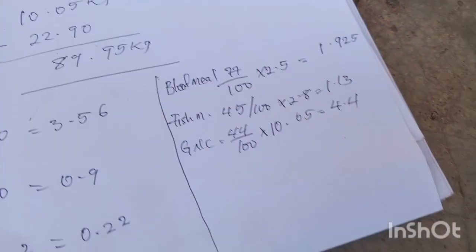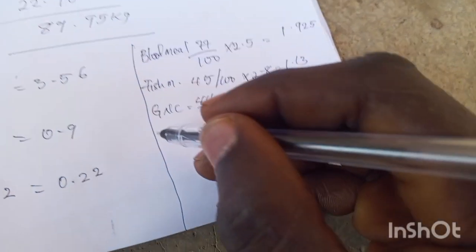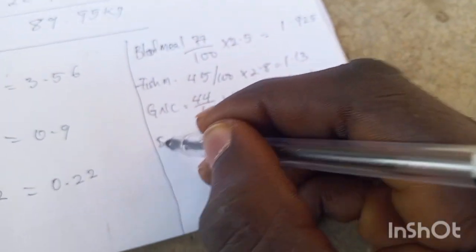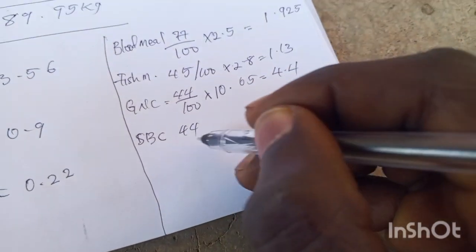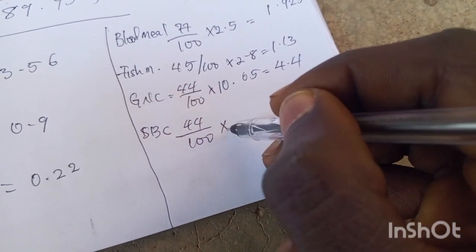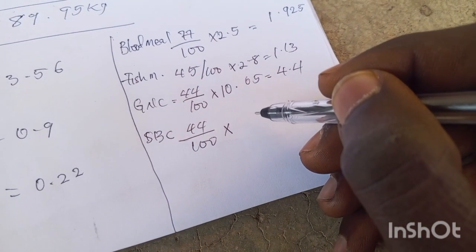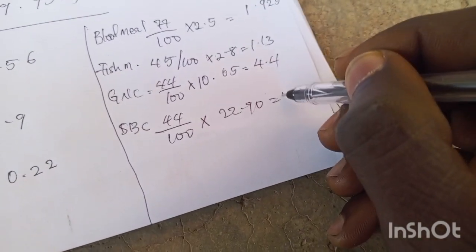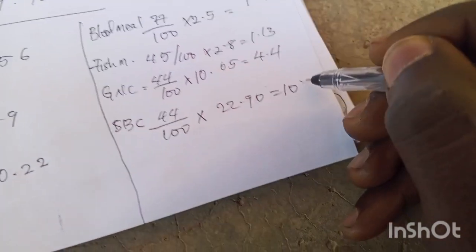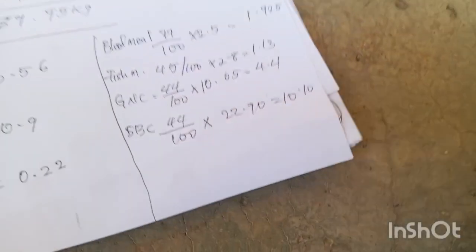Then lastly, soybean cake. Soybean cake is also 44 in the book, over 100 times 22.90. So it's equal to 10.05.